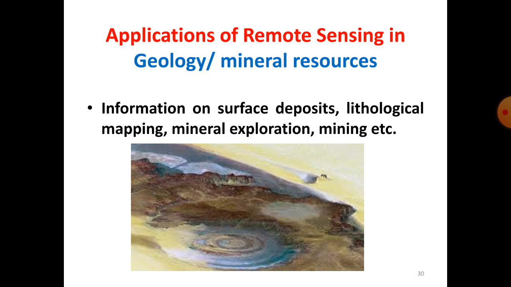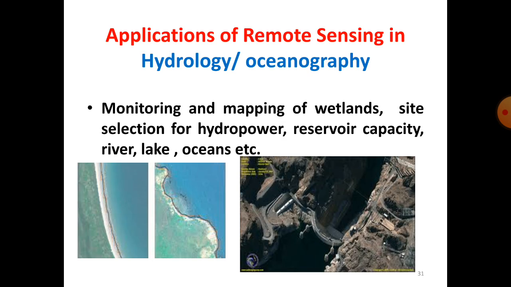Then it also helps in mineral exploration, that is to say, which particular area has a particular type of mineral content in it. That can be mapped by using remote sensing, and thereby helps in the process of mining, that is extraction of that mineral content.